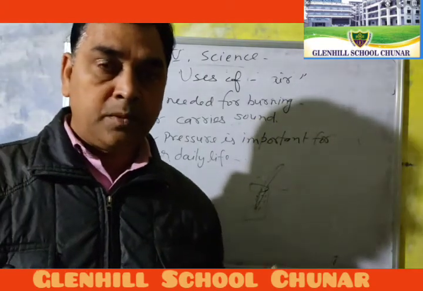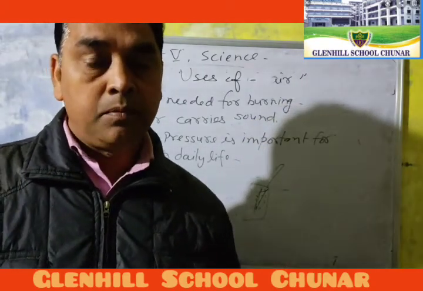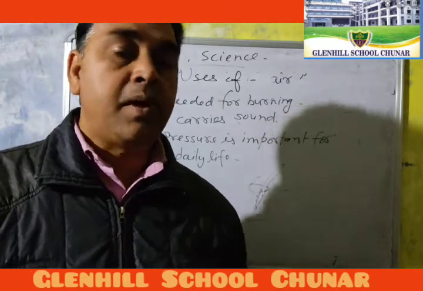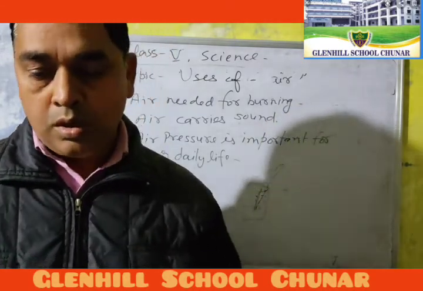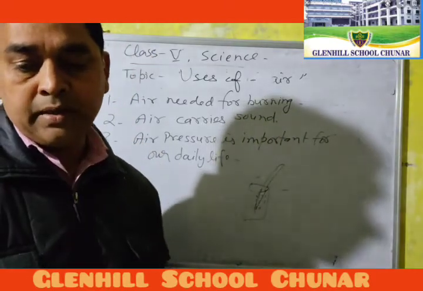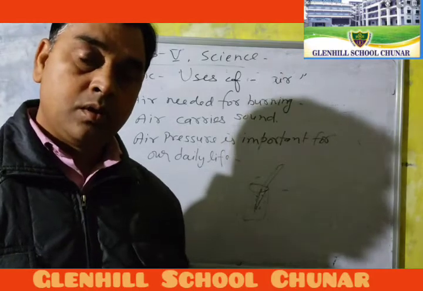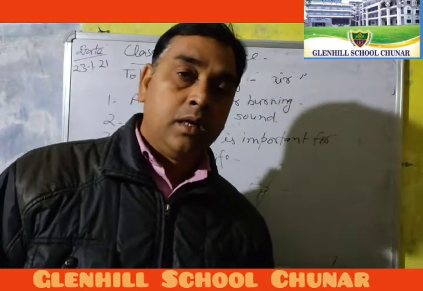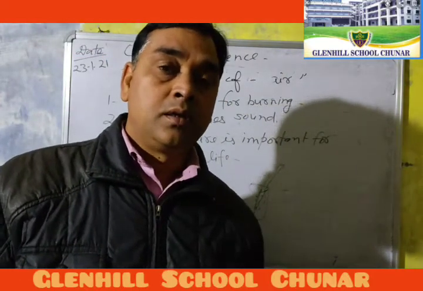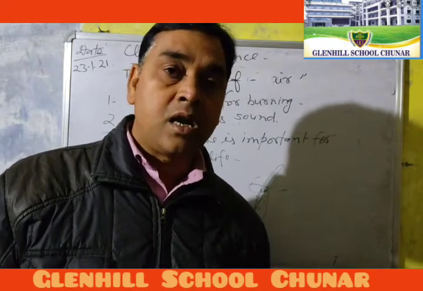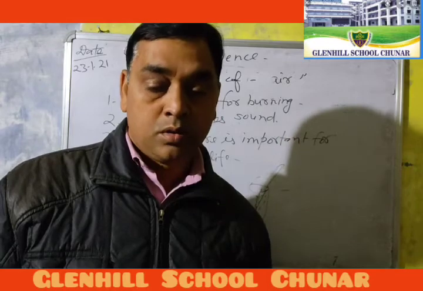Oxygen is present in air, which helps all living beings and plants to breathe. And air is used in filling tire tubes, because without air, automobiles, trucks, buses and bikes cannot move on the road.